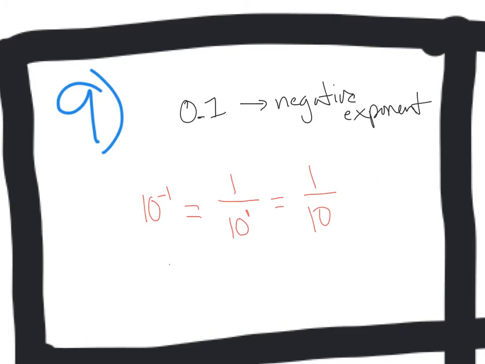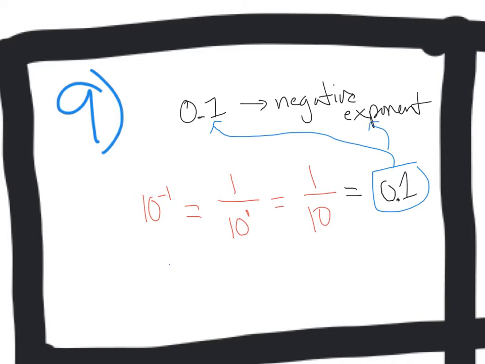And if you remember, what's 1/10 written as a decimal? 1, and we need it to be in our tenths place. So 1 over 10 is the same as 0.1. And hey, look, what do you know? That takes us back to this original statement right there.